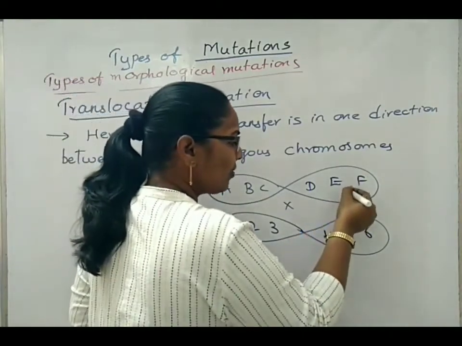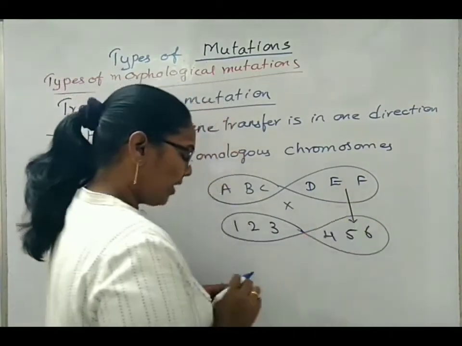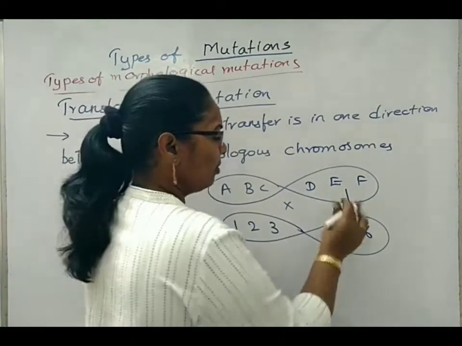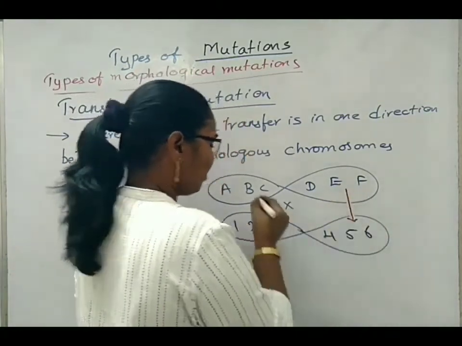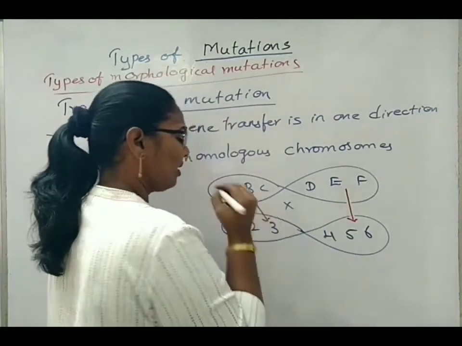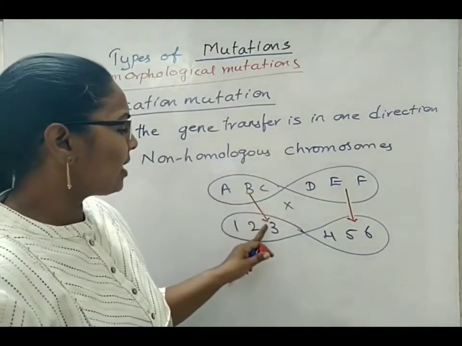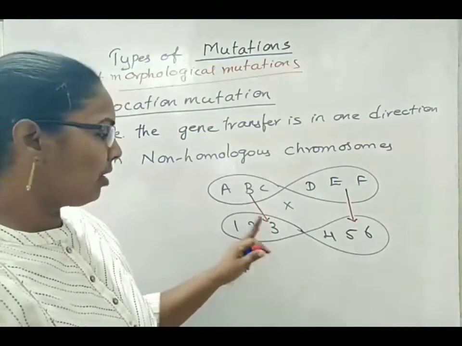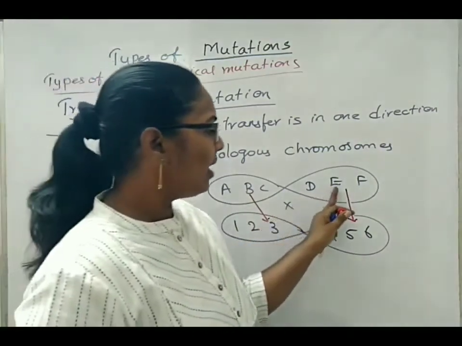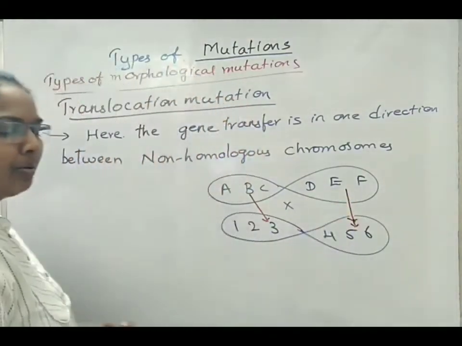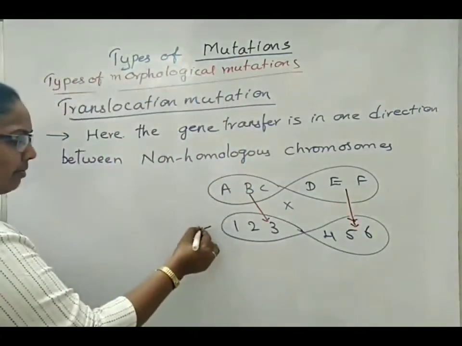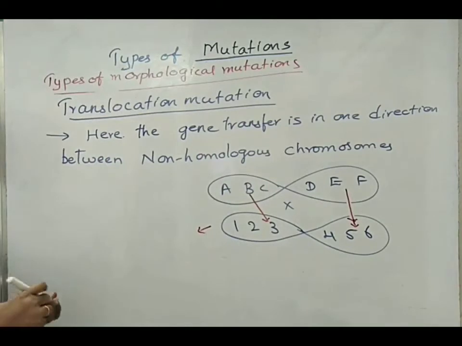Means some of the genes from one chromosome are shifted or translocated to another non-homologous chromosome. Suppose here, B has been translocated to the third position of the non-homologous chromosome. E has been shifted to the fifth chromosomal place. Then how is it going to look?